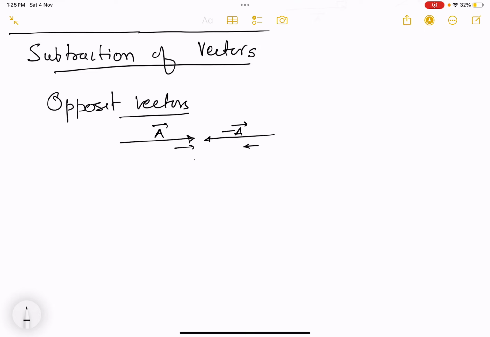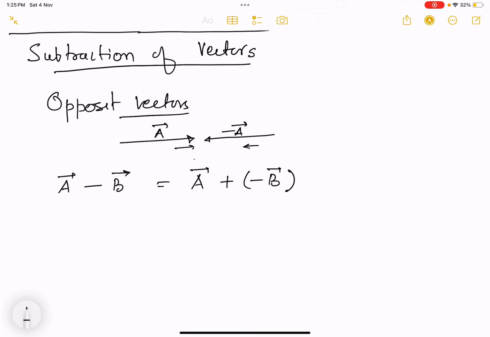Suppose I have two vectors A and B. I want A minus B. So what is A minus B? I can write A minus B as vector A plus vector minus B. Now what is vector minus B?